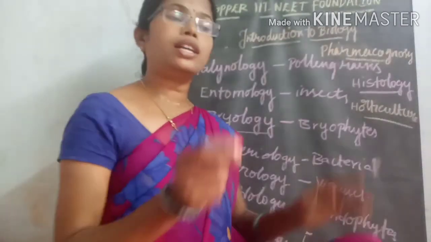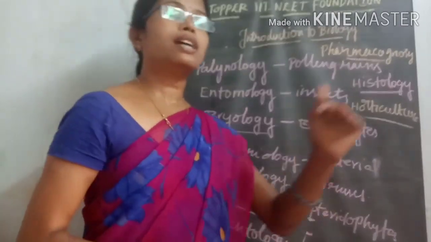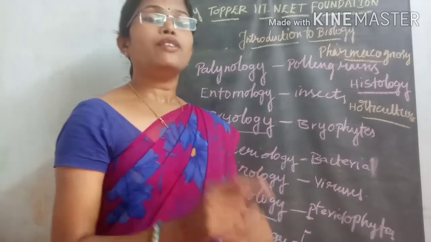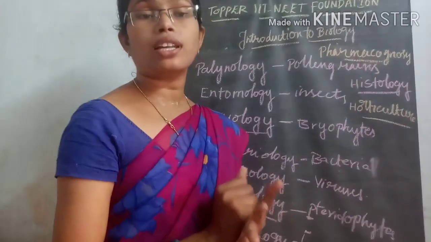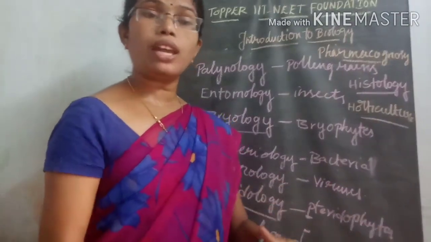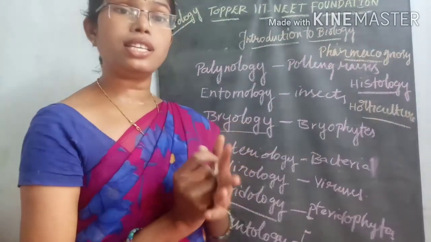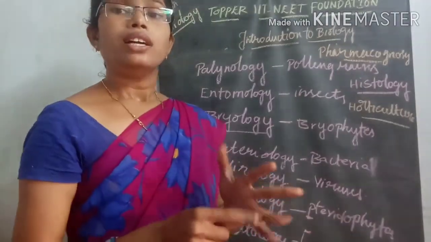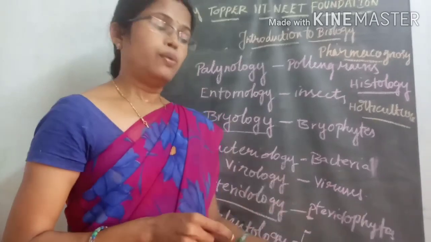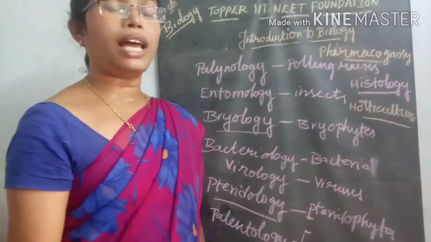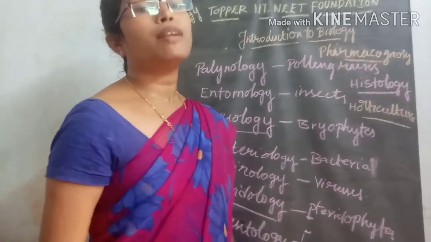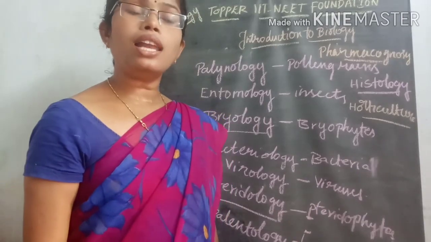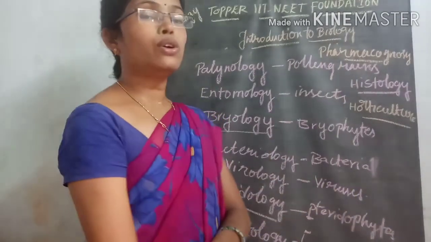How the disease appears, what the causative organism is, what the life cycle of that organism is, and in which way we control that disease. And any ayurvedic plants that are there for treating that particular disease, all of these come under pharmacognosy.